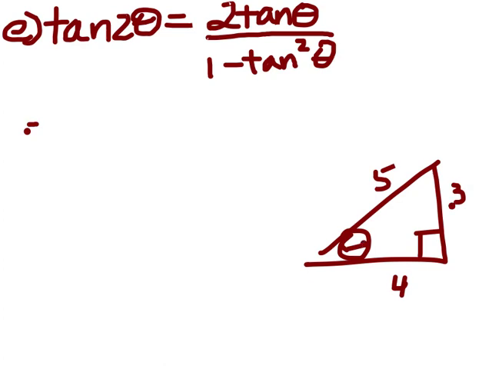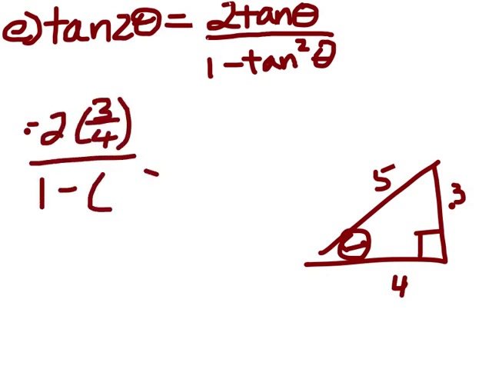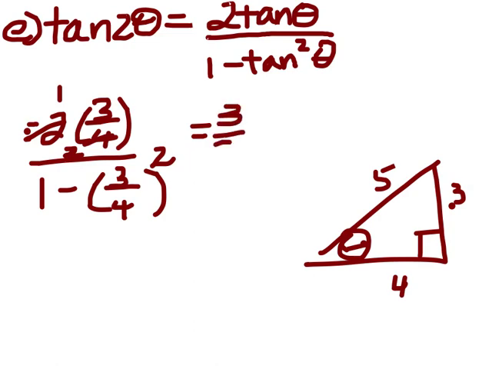So 3/4, we agree? Okay. So that would be 2 times 3/4 over 1 minus 3/4, plugging it in again, and then we have to square it. I'm going to reduce on the top. Wouldn't I get 3/2 on the top just by reducing that fraction?